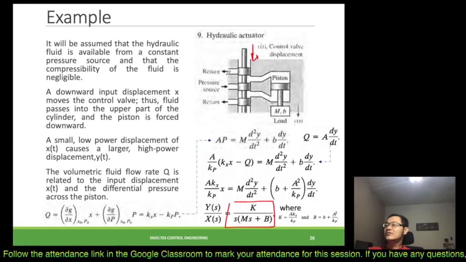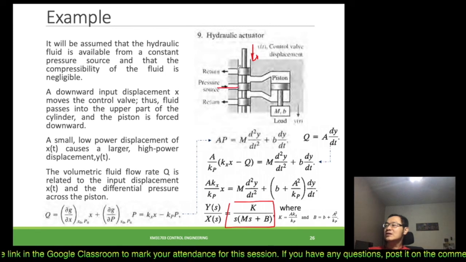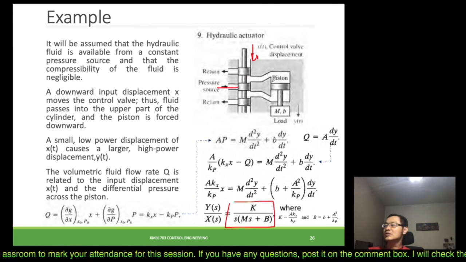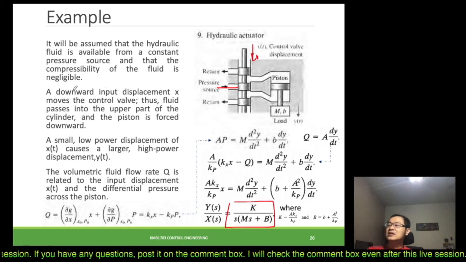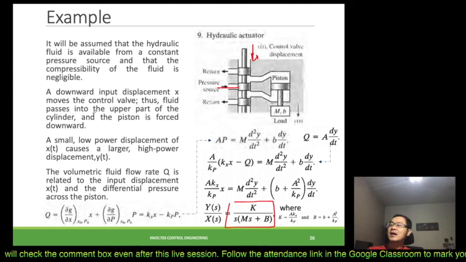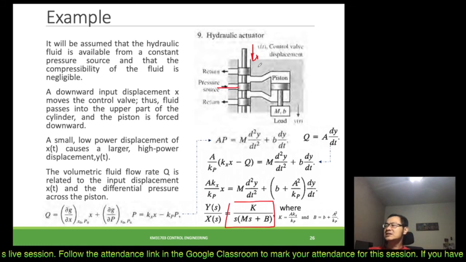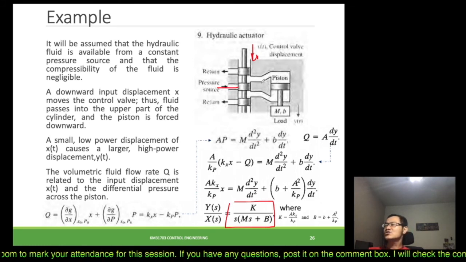There is a valve, pressure goes in, and it goes to the pistons and so on, and returns. So the downwards input variable moves the control valve. Thus, the fluid passes from the upper part of the cylinder, and the piston is forced to go downward.